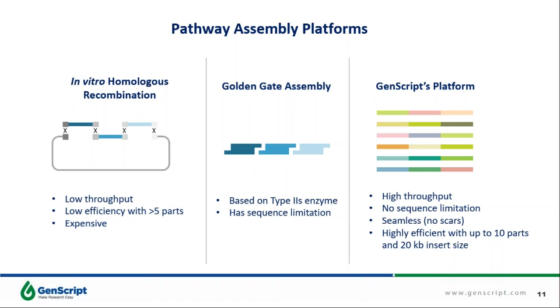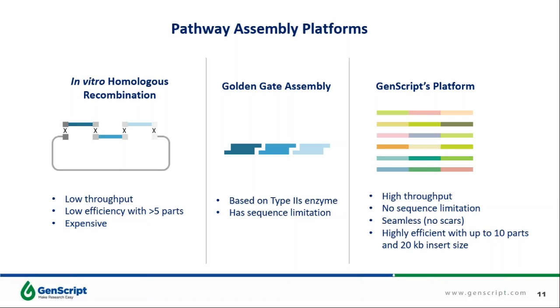You cannot assemble a fragment containing the relevant enzyme cutting site in the sequence. Gibson assembly is also very commonly used, and it is based on in vitro homologous recombination. It has no sequence limitation, but the efficiency drops significantly when assembling more than 5 fragments. In addition, it is relatively expensive and low throughput.